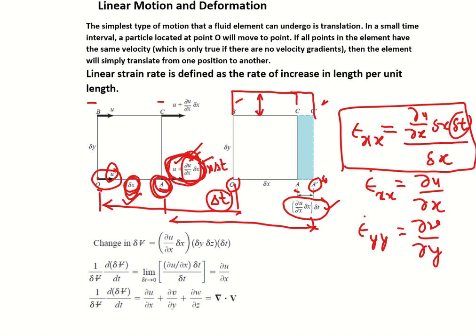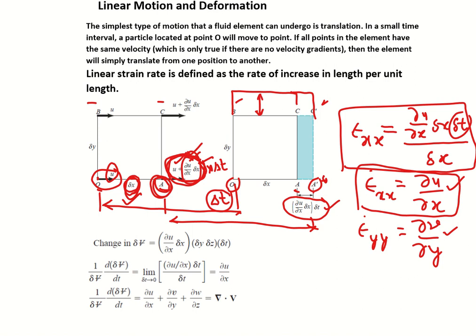So in this manner, we can find out the strain rate in terms of the velocity gradient of u, v. Similarly, if we have a three-dimensional figure, which I have not taken, we can find out epsilon zz also.